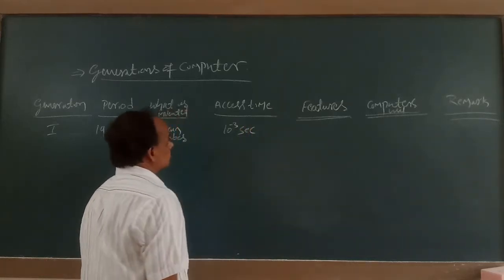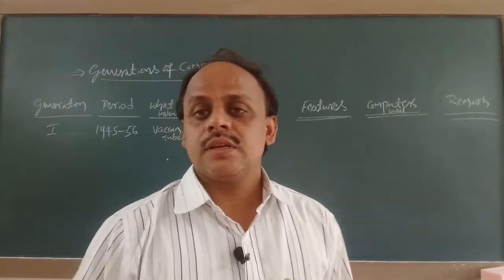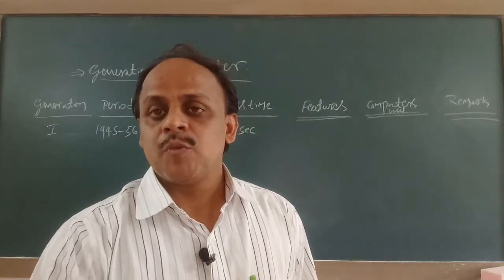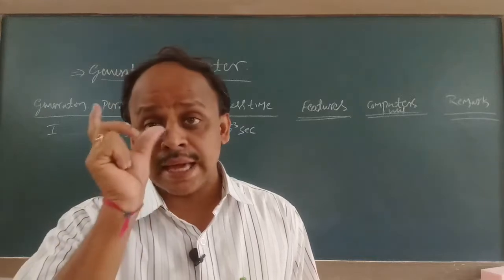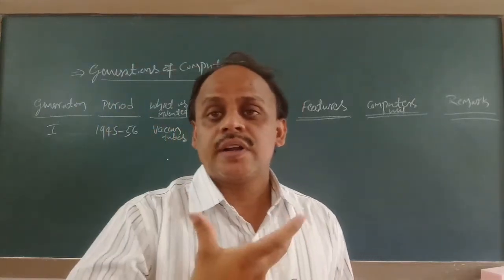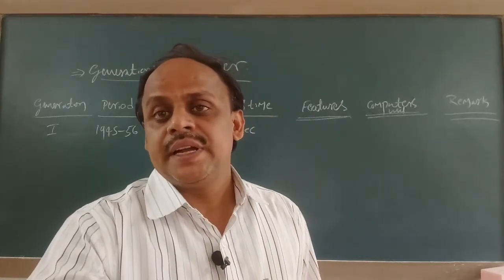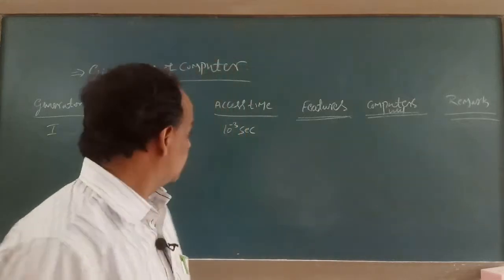Access time means accessing, which is nothing but writing into the system memory or reading from the memory, is called accessing time. Means what time it takes to enter data into the memory, or what time it takes to get data from the memory is called accessing time, right?